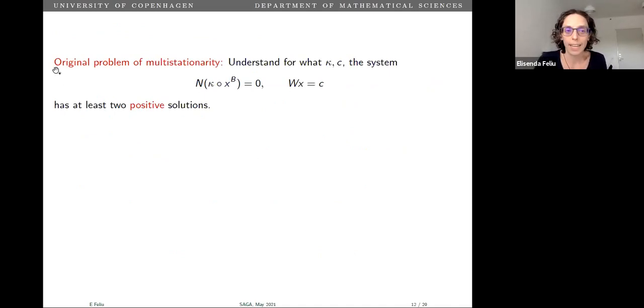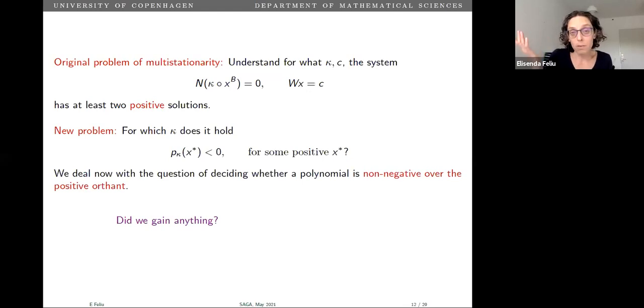So that's this old work. So what have we done? We have gone from the original problem, which was to understand for which kappas and Cs that system has at least two positive solutions, to another problem, which is to understand for which kappas my polynomial will attain negative values in the positive orthant, right?